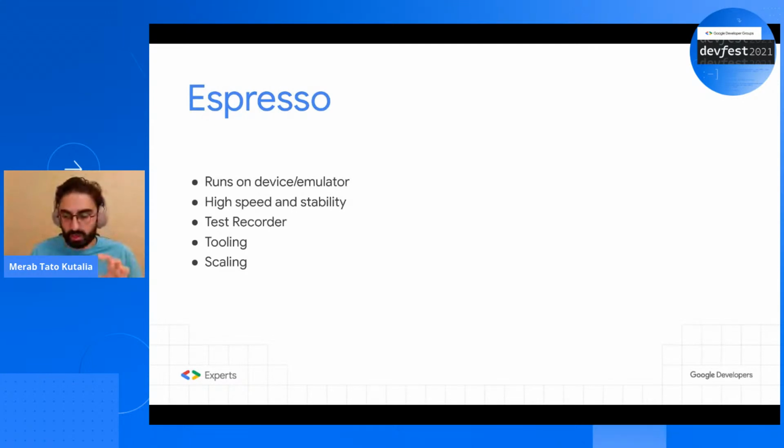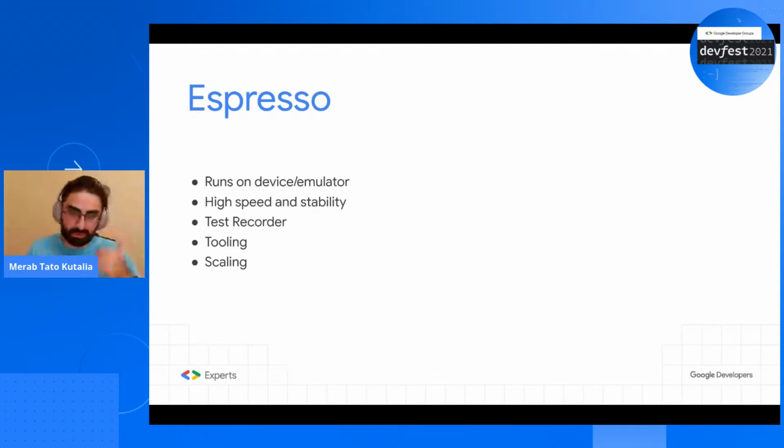Because Espresso runs with the application on the device. Appium uses UI Automator or some other engine, which is not with the application but works from outside, treating the application as a sandbox, and because of this it is slower.